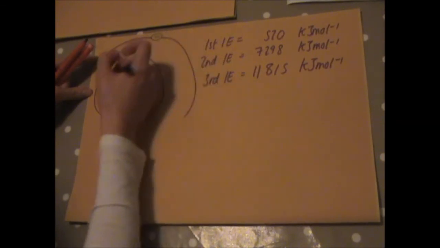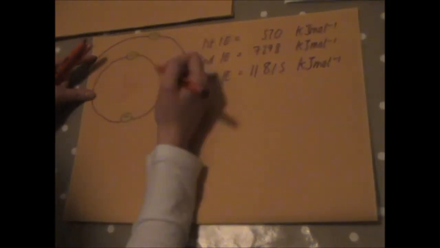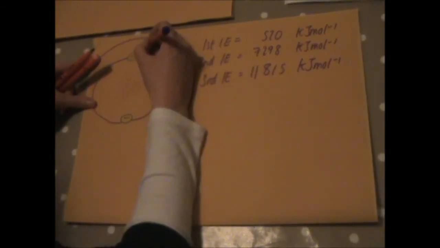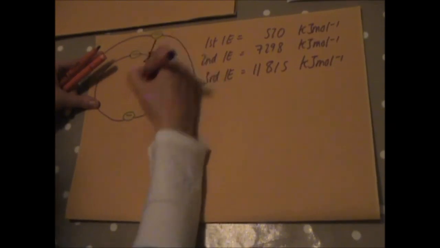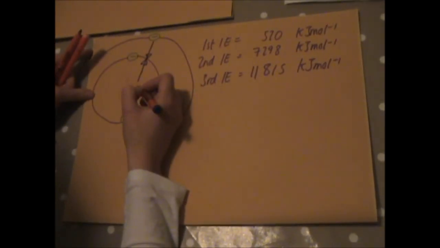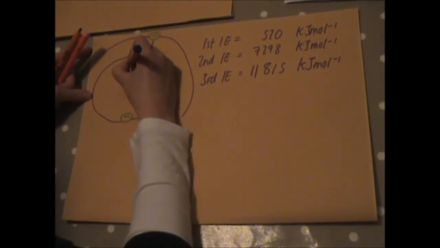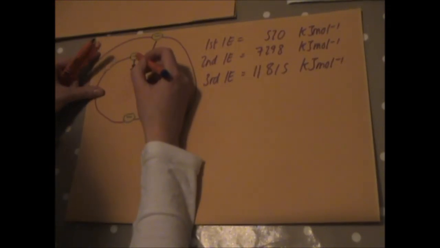So let's have a look at this slightly bigger picture of the atom, just so we can put some labels onto here. The first electron feels attraction from the 3 protons in the nucleus. But the second electron feels that same attraction but over a much smaller distance.